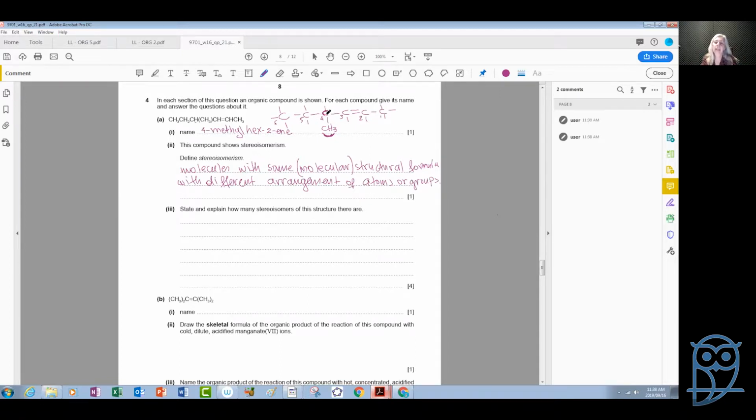So this is called the chiral carbon, and this molecule is called the chiral molecule. So altogether here, we can say that it has like 4. State and explain how many stereoisomers. It can have like 4 stereoisomers.